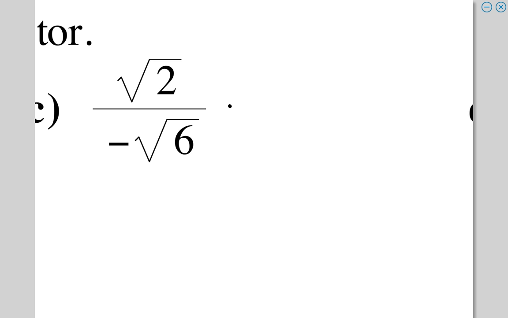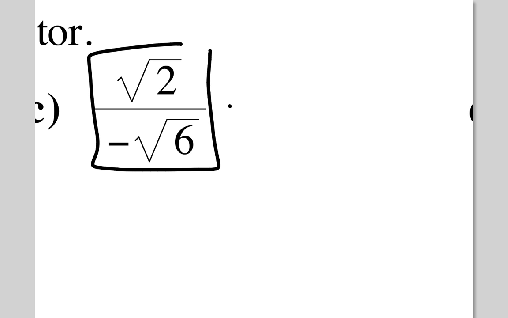Okay, this is actually kind of cool to talk about. So this is just a fraction of irrational numbers. So what happens in fractions when the top is positive and the bottom is negative? So those fraction rules again. It's no different than multiplication, right? Division and multiplication are the same, or same but different.